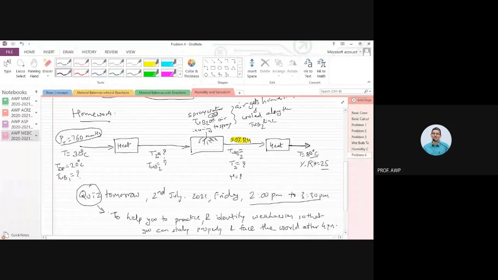That is the reason we are having the quiz, not to give you marks. I can submit all your continuous assessment marks now, everybody 30 out of 30. But that's not the point. The point is that you identify what you don't know and what you need to practice more. That is the only purpose of having quizzes, mid-sem and end-sem. Not to give you marks and not to give you grades, but to tell you what it is that you need to study. All right.